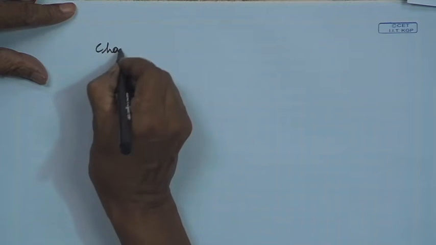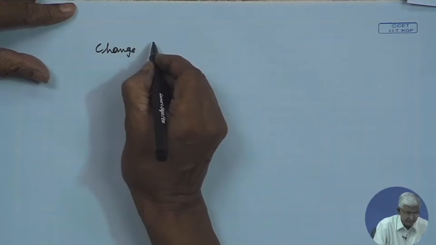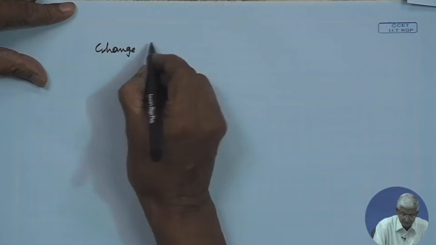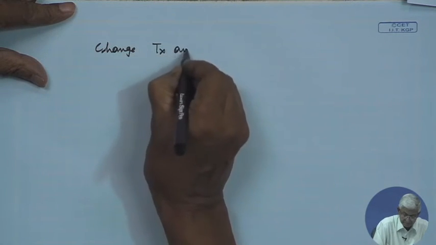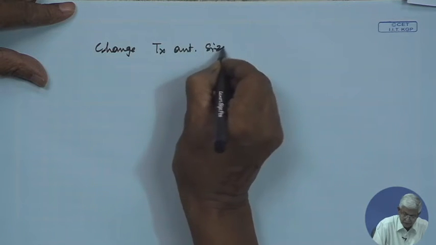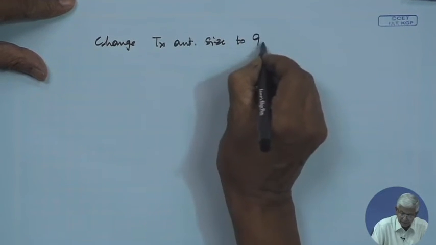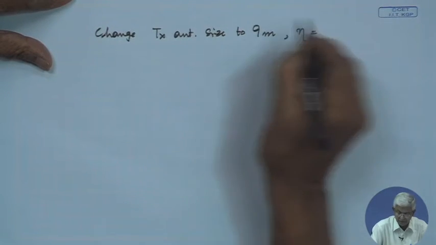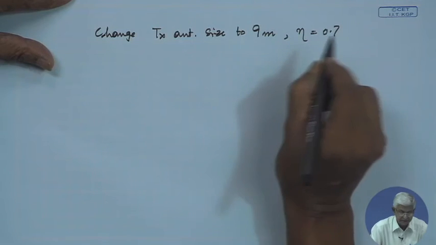So, what can be done? I can do one thing, I can increase the receive antenna size. So, change the transmit antenna size, any one of them. So, change the transmit antenna size to 9 meter, instead of 1 meter I change it to 9 meter with the efficiency. Obviously, efficiencies are better, we have discussed earlier.